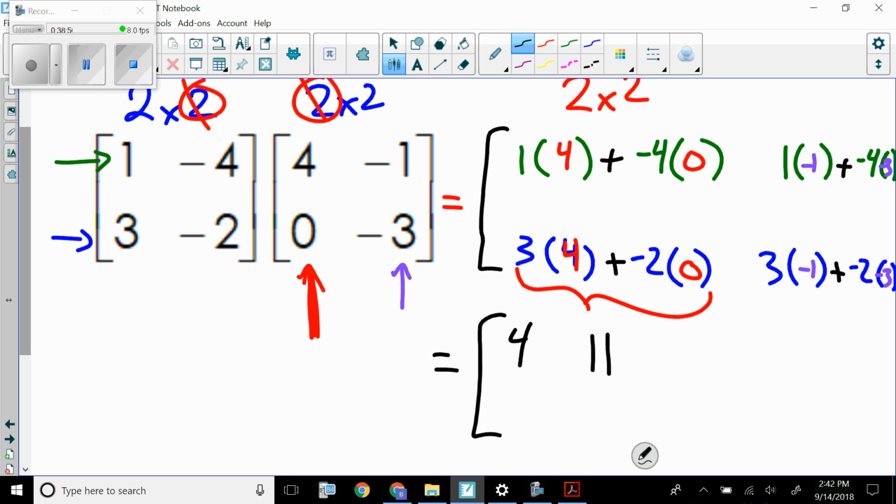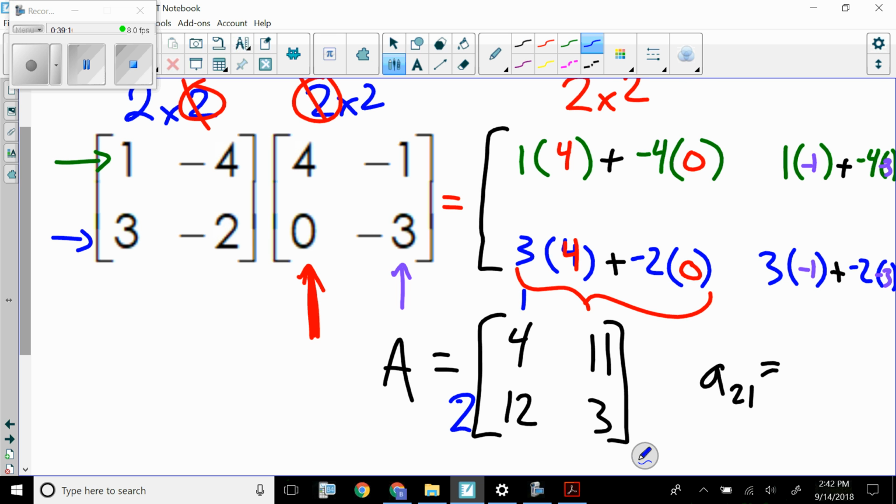On the bottom left, that's 12 minus 0, so that's 12. I have -3 plus 6, which would be a 3. And there I have my answer matrix. And if I ask for A sub 2, 1, we would go second row, first column, and that would be the 12.